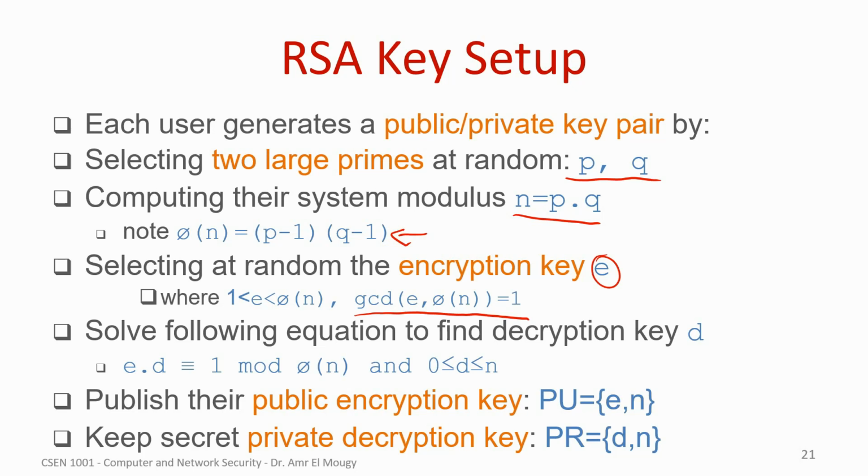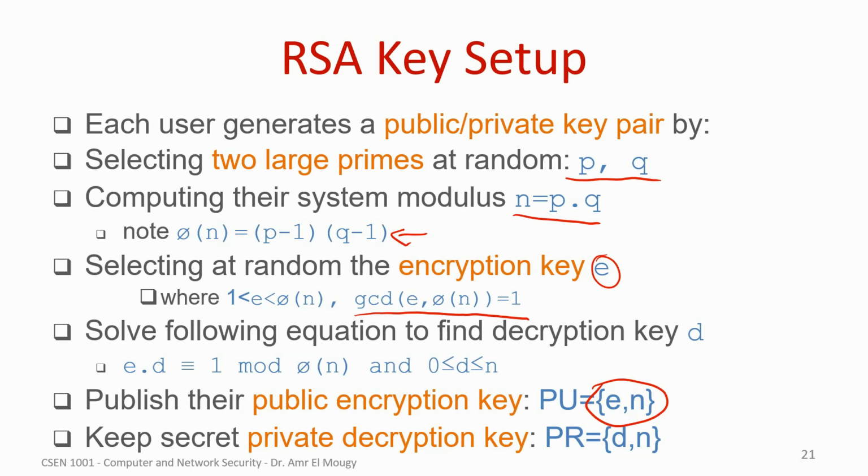Given that, they will be able to choose their own public key E, such that the greatest common divisor of E and phi of n is 1, and E has to be less than phi of n. So now the public key is determined. It's E and n, the combination of 2 numbers.